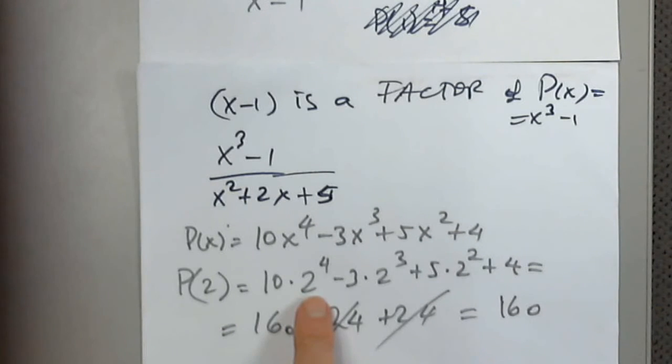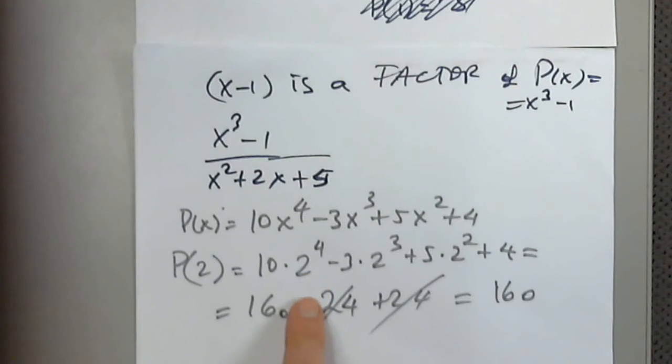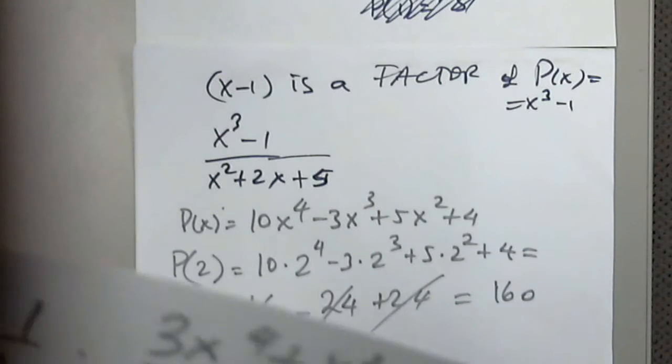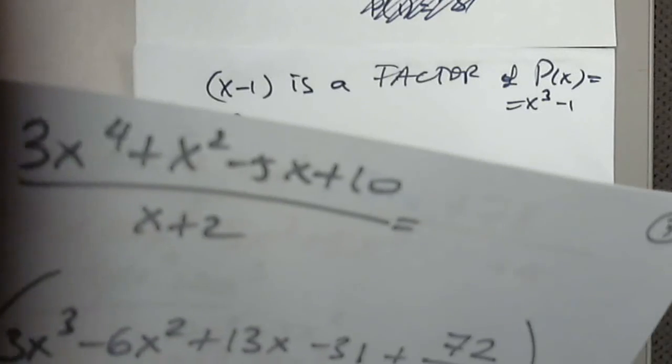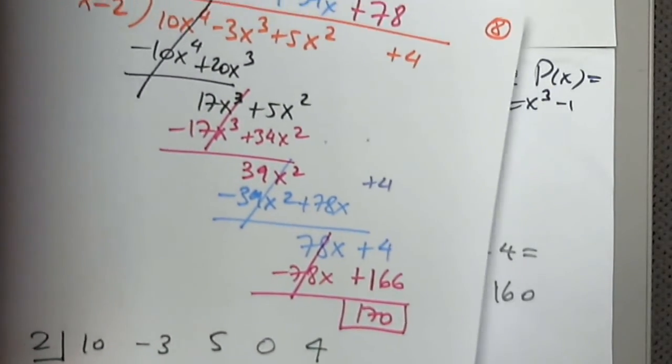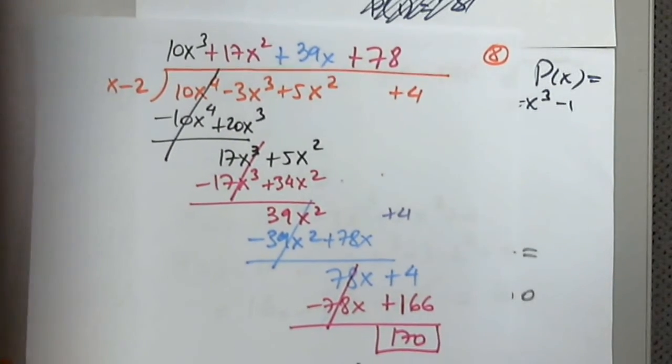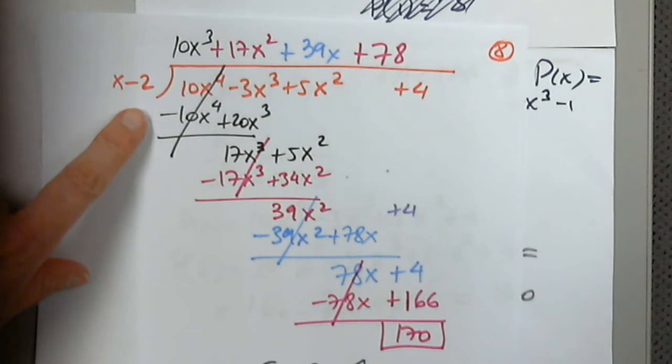So this is 16, correct? 160. 20 plus 4, 24. I did copy the problem correctly, right? No.